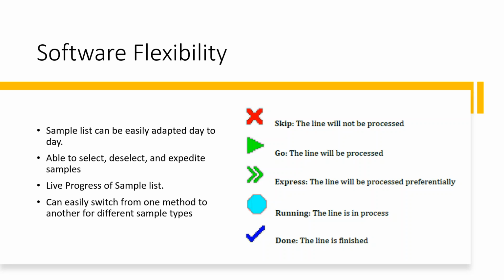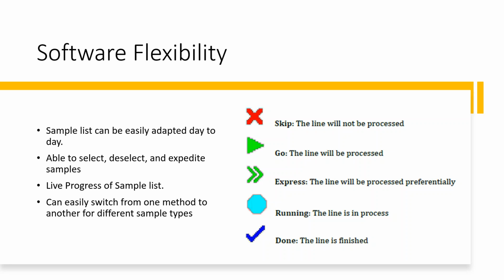If you normally prep 60 or 120 samples, but you find that your last batch of the day only has 23 samples, it's very easy to take that existing method and simply select only the samples that you want to be prepared, and all the rest of them you just skip. It's very easy to adjust your sequence. You don't have to build a new one or save any new files to adapt it for the needs of the day.